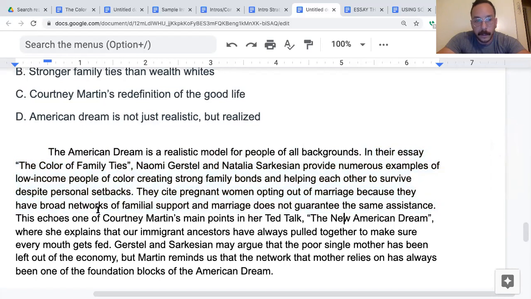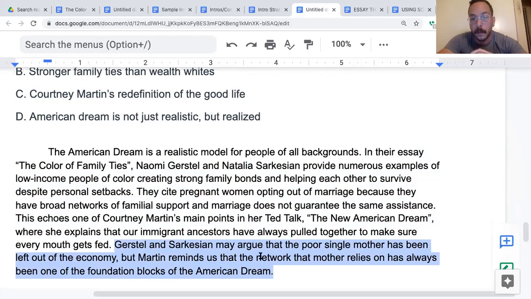And in my second point of support, I use another source to respond to Gerstle and Sarkeesian, right? And in my concluding sentences, I wrap up the whole thing to make the point that I originally wanted to make, right? That the American dream is a realistic model for all backgrounds.